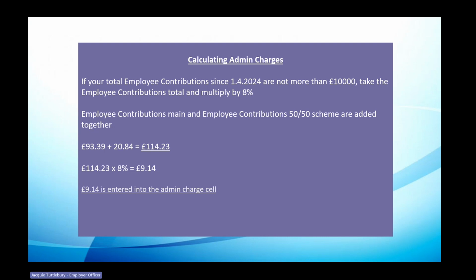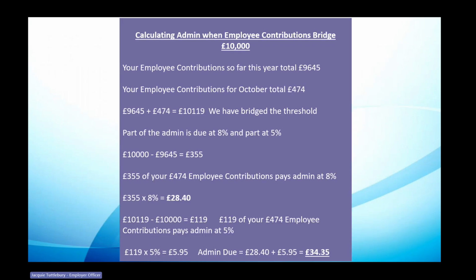Things can get a little bit more complicated when we bridge the £10,000 threshold, so we'll have a look at this in this example. Calculating admin when employee contributions bridge 10,000. Your employee contributions so far this year are £9,645. Your employee contributions for October total £474.